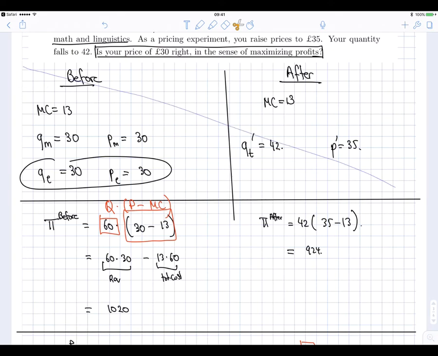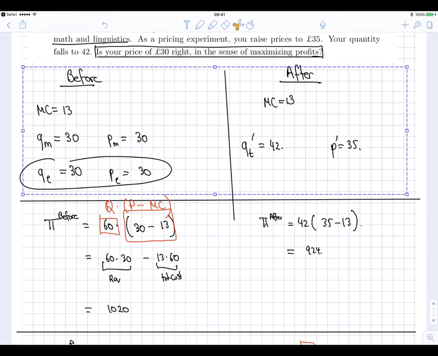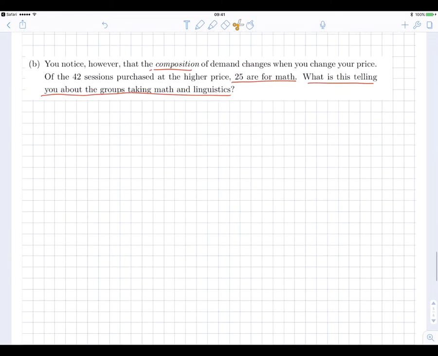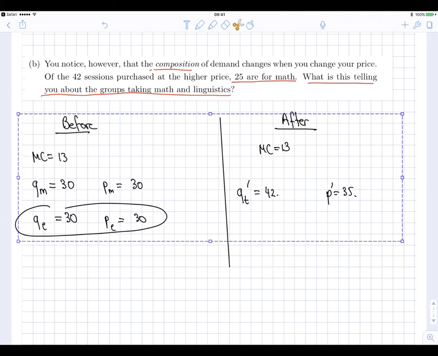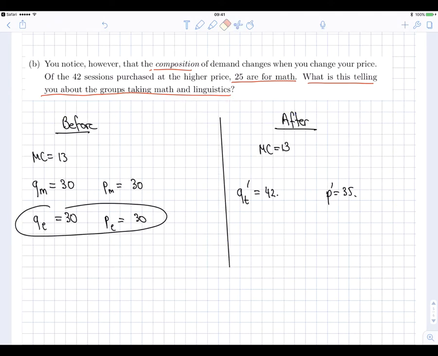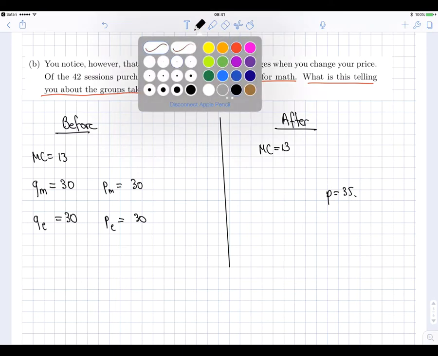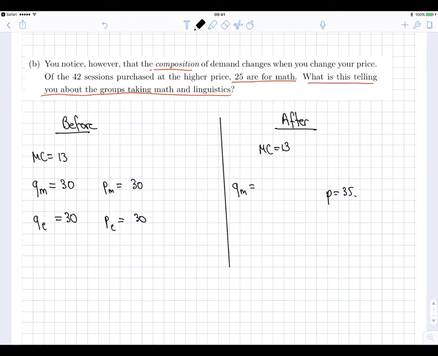What I can do is copy this, go down here, and now say that I have important information, which is, I actually can get rid of this and say quantity for math is 25 and quantity for linguistic is 17. 42 at a price of 35.